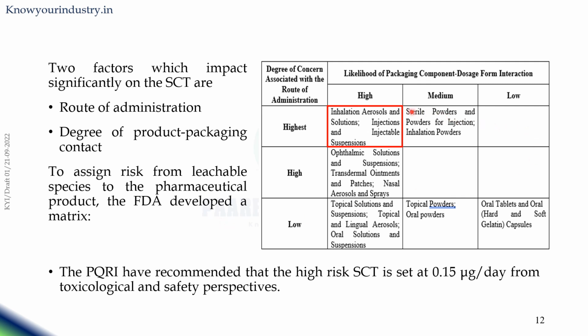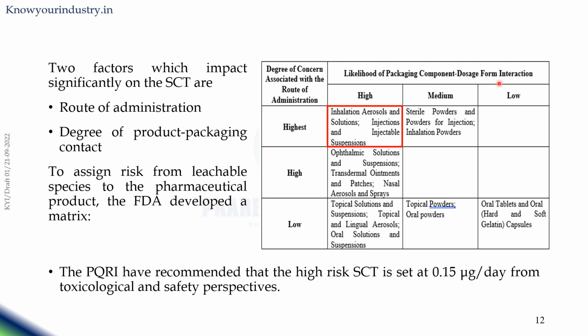So here you can see the table, the high risk, low risk and medium risk products based on the route of administration as well as the likelihood of packaging component and dosage form interaction. For example, with an injection, vials and rubber stopper will be there. That is your packaging component, and the dosage form may be a solution.